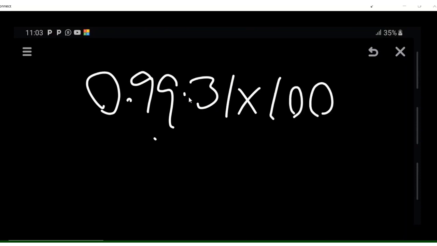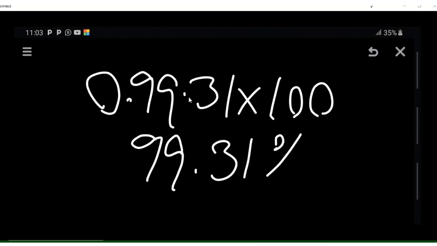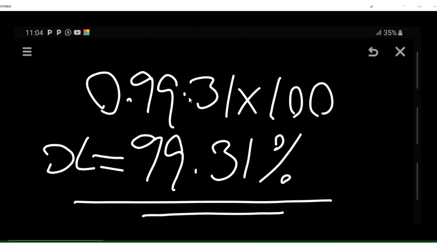It will give you 99.31%. This is your first x actually. If you don't want to multiply, okay, it's fine. When you multiply this one, this is your percent for the first x.